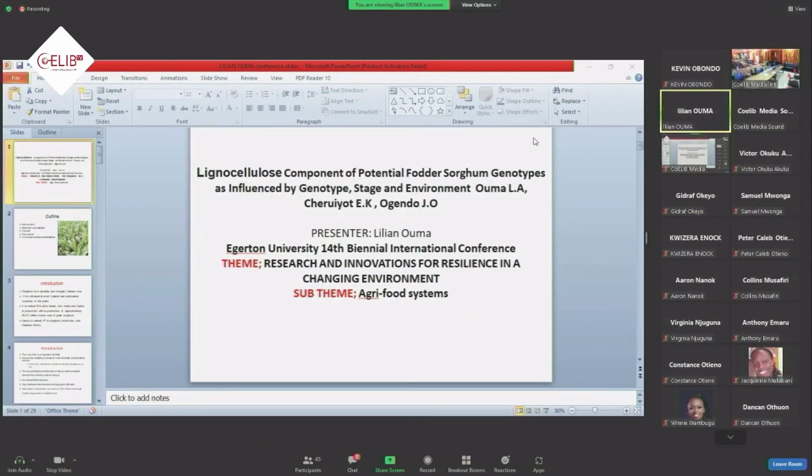Okay. I was in the introduction, and I was saying that the livestock sector in Kenya has been increasing, and therefore this has increased the demand for feed. However, the gap between the feed demand and supply is still wide. Feed deficit in Kenya is estimated to be as much as 70% of the total annual fodder requirement.